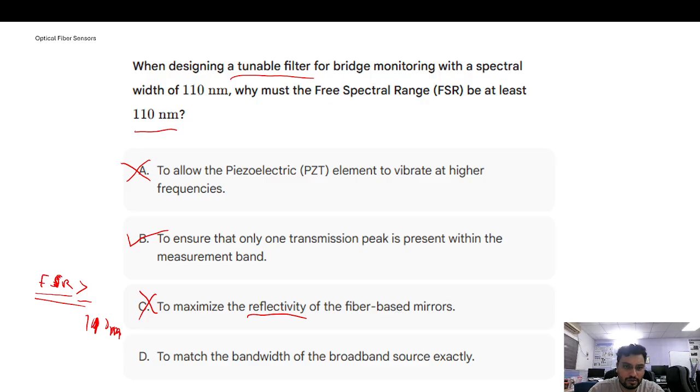So that's why the FSR range should be at least minimum 110 nanometer, equal to the spectral width, or greater than 110 nanometer is always okay. And to match the bandwidth of the broadband source exactly, no, it is not required to have a match every time to the broadband.